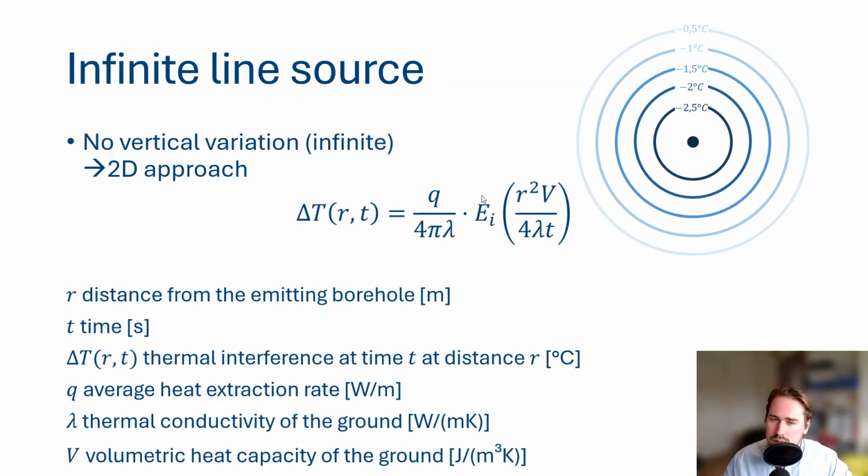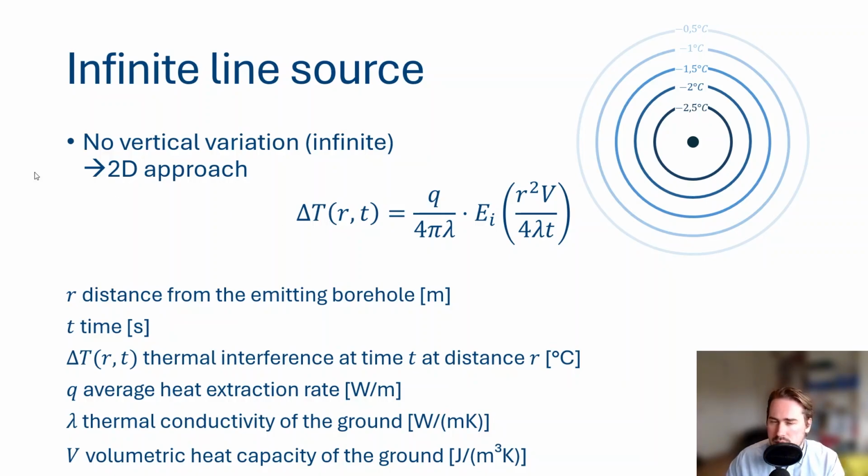This is multiplied with the integral function, where we have the square of our radius, the volumetric heat capacity, and this is divided by 4 times the conductivity at the time. This equation is not that important, but what is important is to know that the longer you wait, the bigger your influence will be. The closer you are, also the bigger your influence will be.